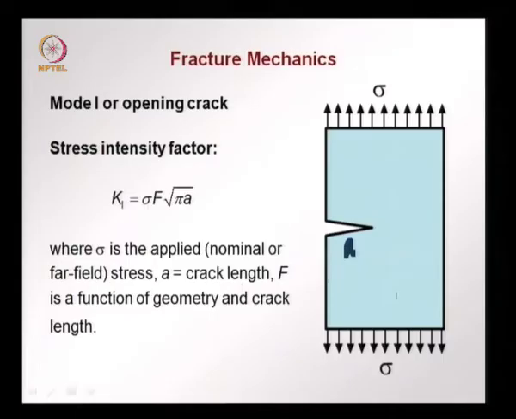So, through tests of this type of element we can get K1, we can find out when failure occurs, and that would be the critical value of K1. And if we know this, we can calculate K1 for any applied sigma and A.